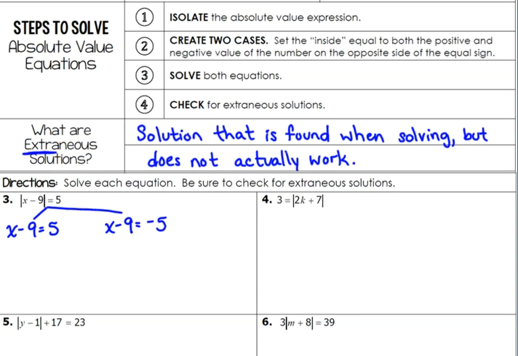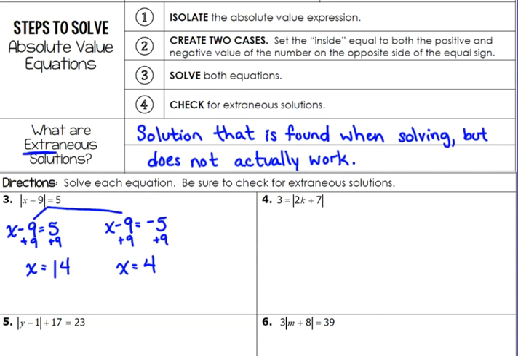And then usually you have very simple equations to solve. These are linear equations, most of them one step. So we add 9 to both sides, so we get 14 for one of our solutions. We also add 9 in the other equation, but we're adding 9 to -5, so we get +4.